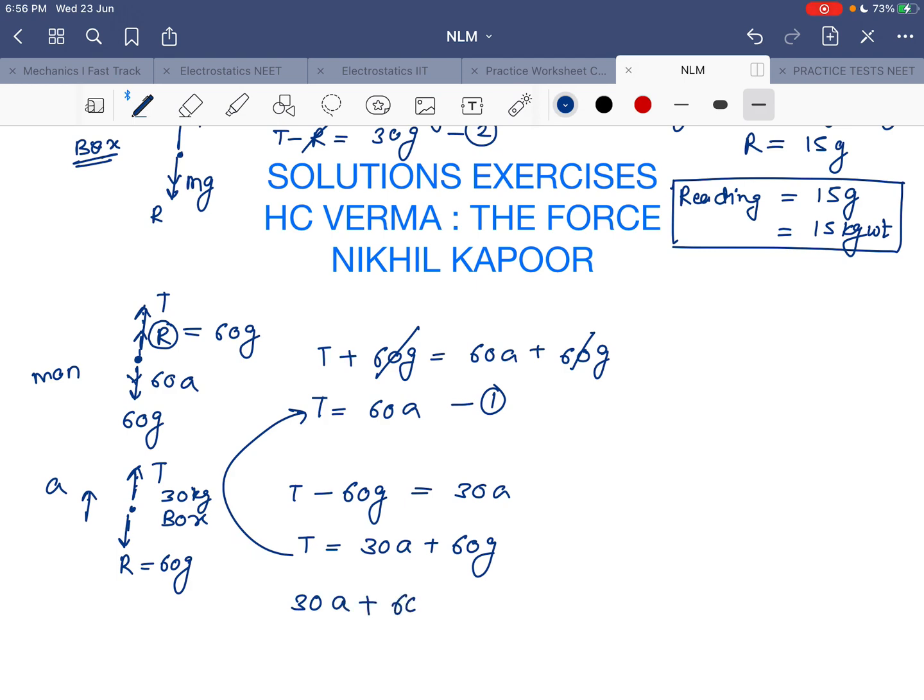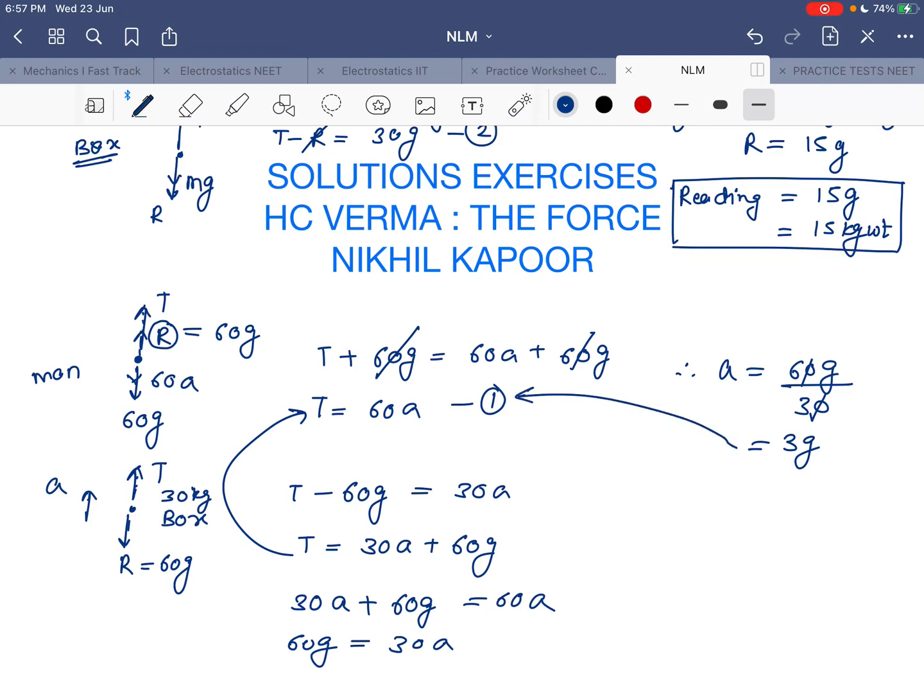So it will be 30A plus 60g is equal to 60A. So 60g is equal to 30A. Therefore the acceleration comes out to be 60 into g divided by 30. This gets cancelled and comes out to be 3g.